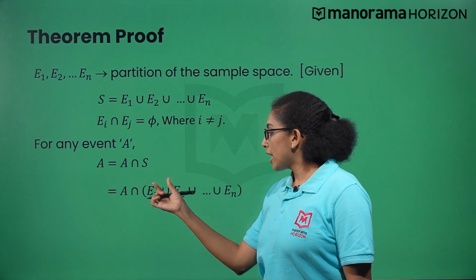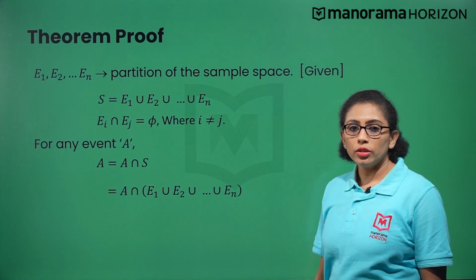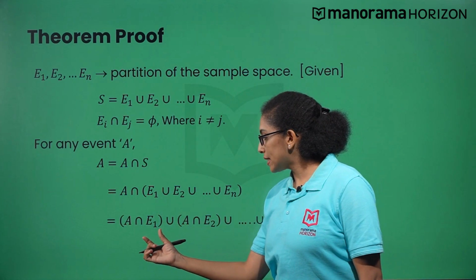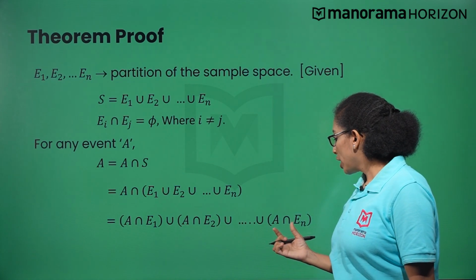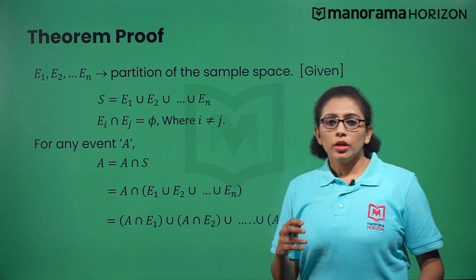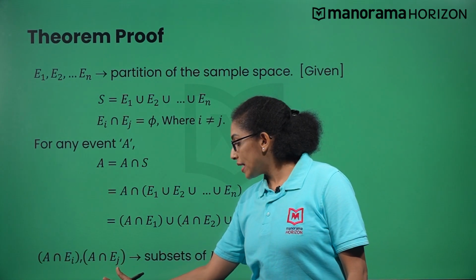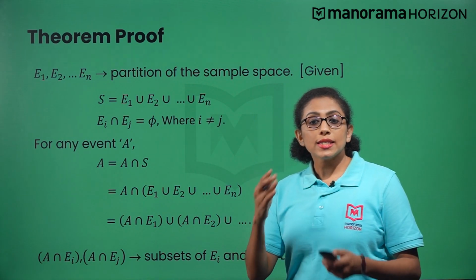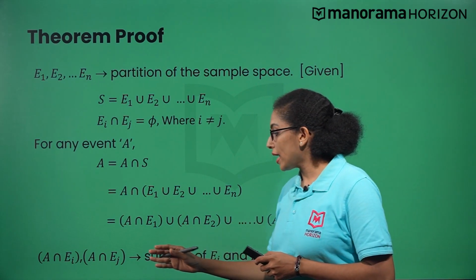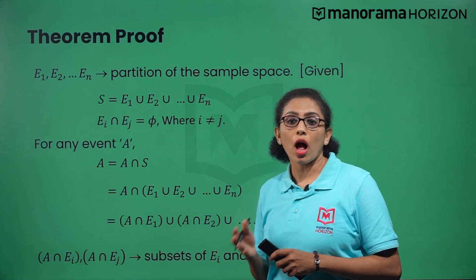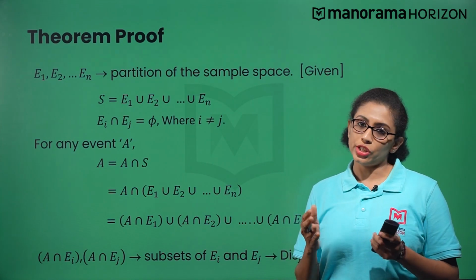A intersection (E1 union E2 union up to En). And now, this can be written as (A intersection E1) union (A intersection E2) union up to (A intersection En). It is clear that A intersection Ei and A intersection Ej are subsets of Ei and Ej. Therefore, A intersection Ei and A intersection Ej are also disjoint, since Ei and Ej are disjoint.